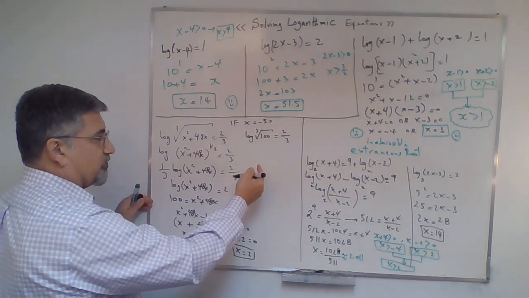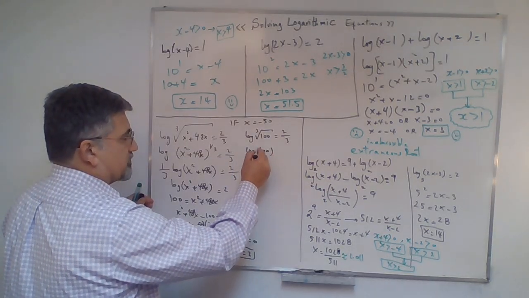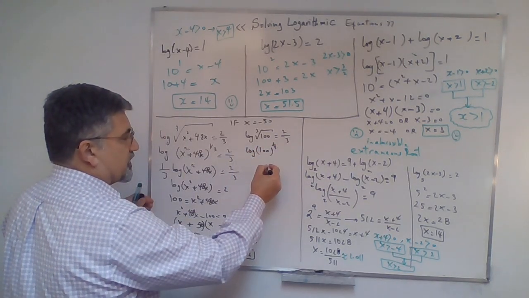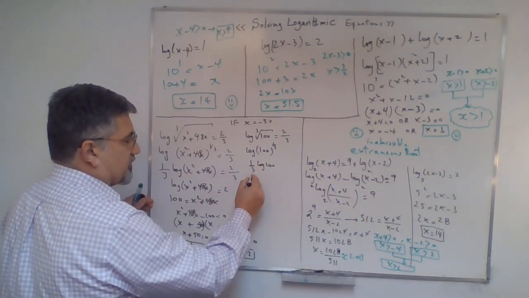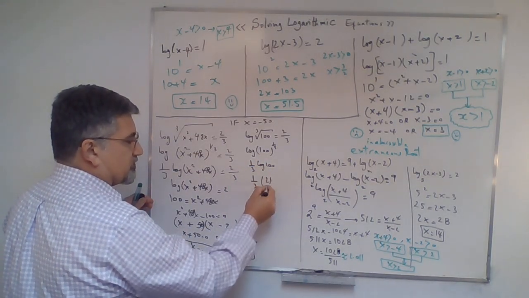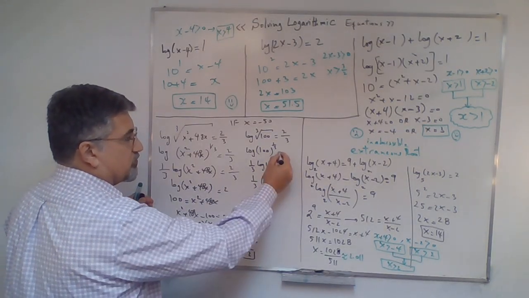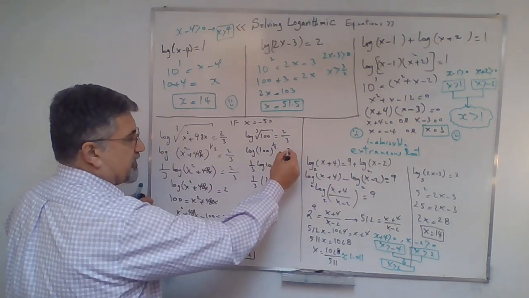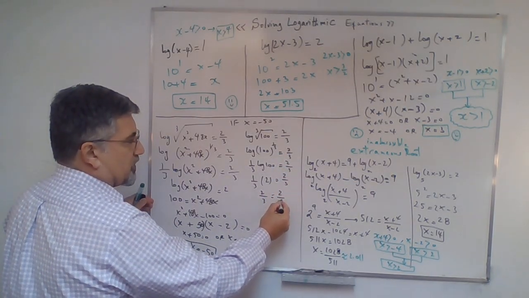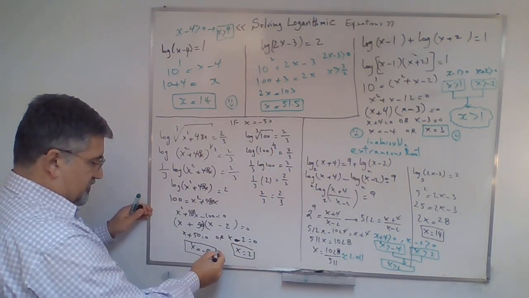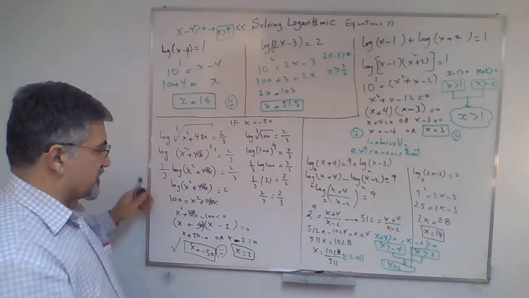Now cube root of 100 would be 100 raised to the exponent of 1/3, so the log would be 1/3 of log of 100, and log of 100 to the base 10 is going to be 2, and sure enough, the left side will be 2/3, and we see that the right side is also equal to 2/3. So the answer is yes, this is an admissible solution. x equals negative 50 satisfies the equation.